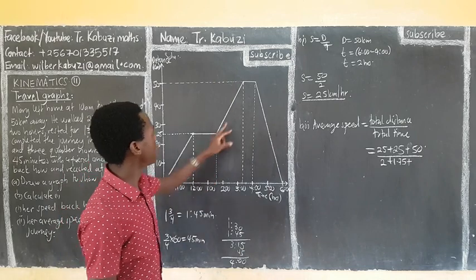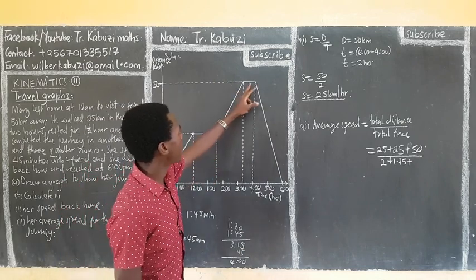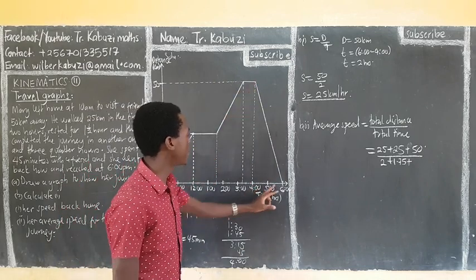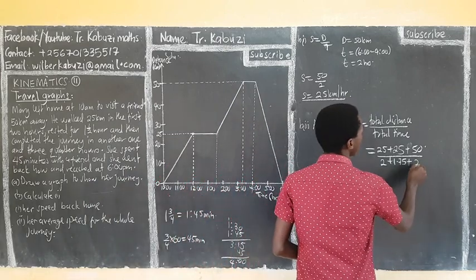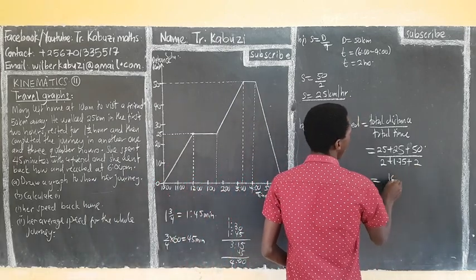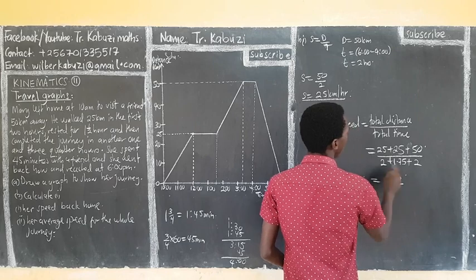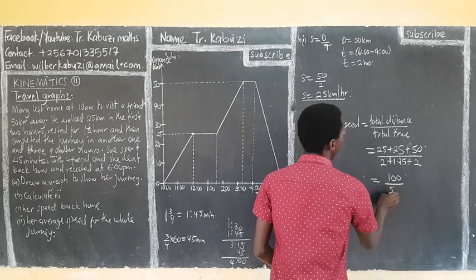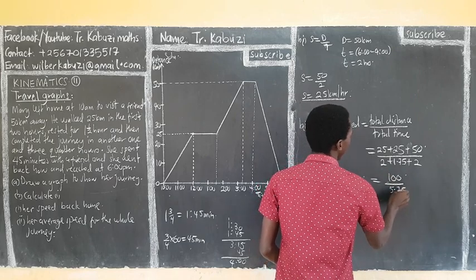Then from here up to here, she used 2 hours. Then plus this 2, and this will be 100 over 5.75.